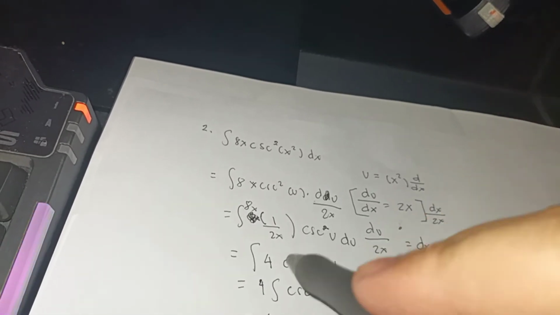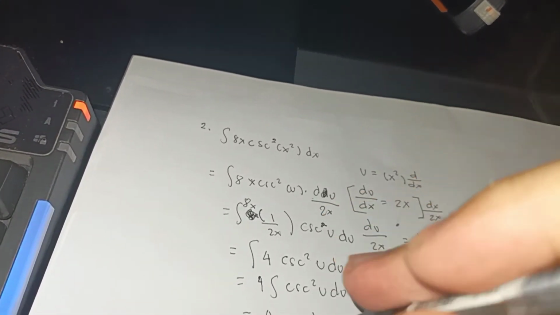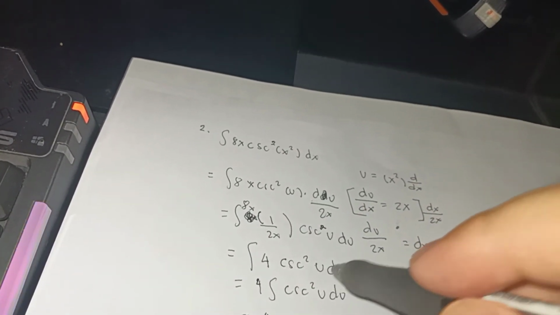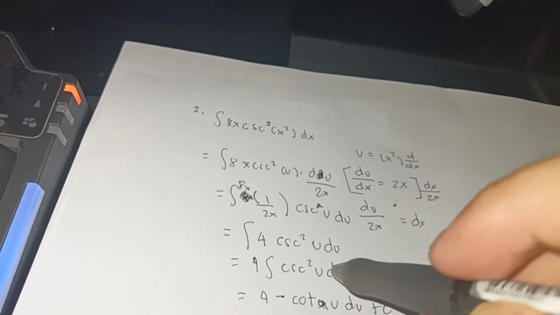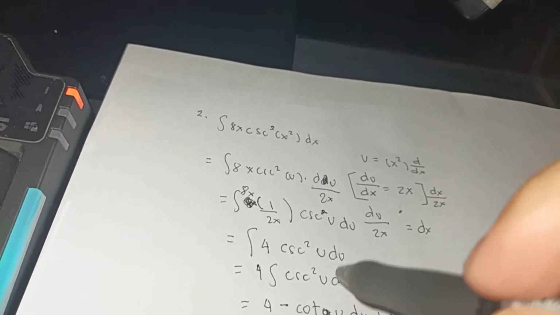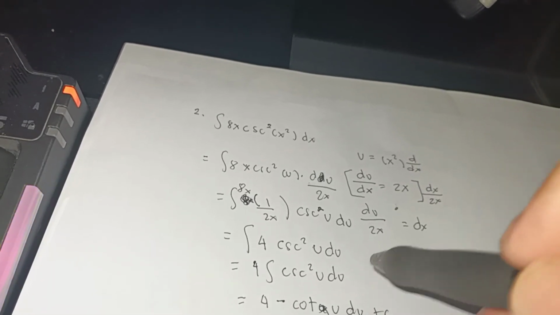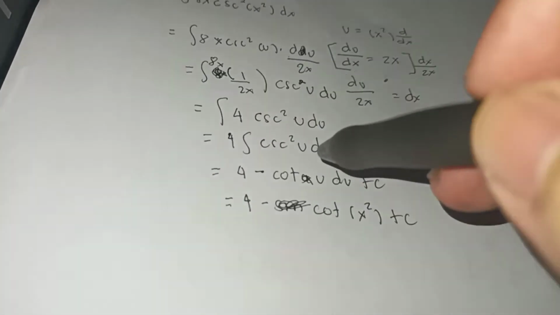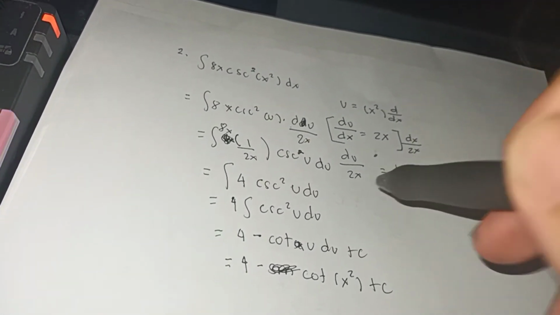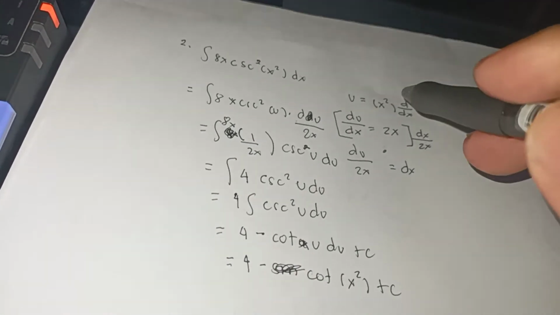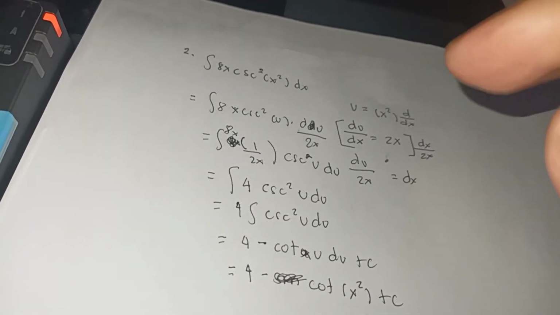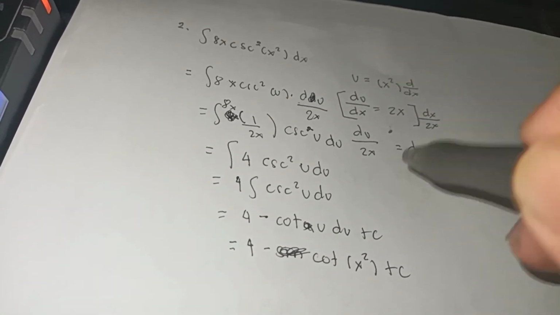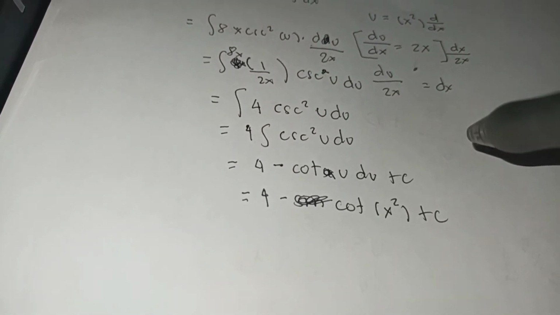Then take out the integral sign, put the 4 here, and the integral of cosecant squared is negative cotangent, so it's now 4 times minus cotangent u plus c. The last thing we need to do is replace our substitution back. It's now 4 times minus cotangent x squared plus an arbitrary constant.